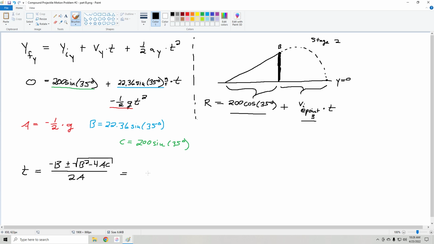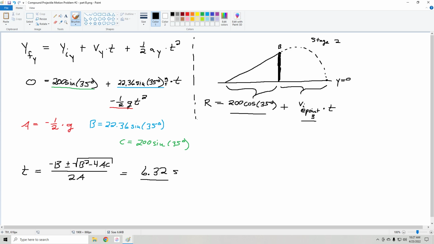One will be positive, and it should look like this value, 6.32 seconds. The other time is negative, and it doesn't make sense that it would take a negative amount of time for the rocket to go from point B down to the ground. That doesn't make any physical sense in this context. So we don't care about that number. We just throw it away. And we keep this one, 6.32.